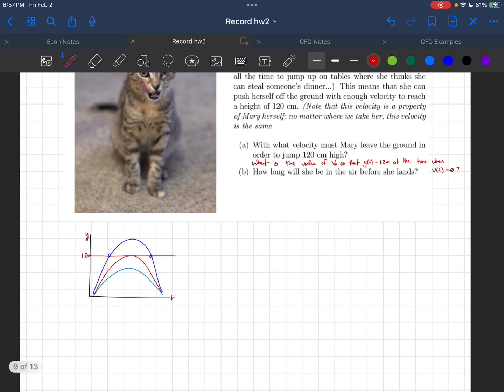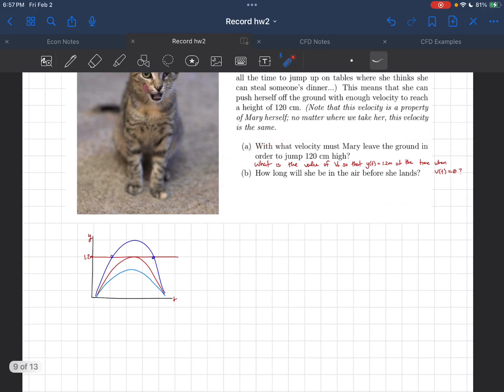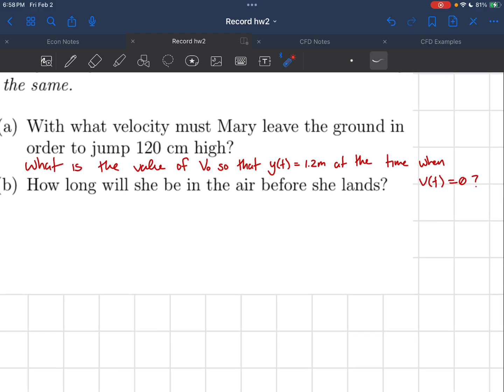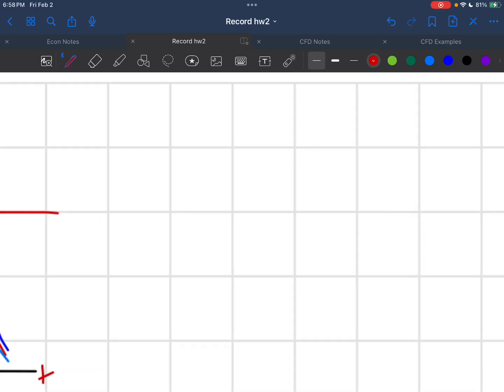So now I have this beautiful question posed. Now I have to actually figure out how to solve it. We could start by saying, okay, the time when v of t equals 0, I find the time that my velocity is 0, and then I plug it back into my position equation. But this is a 1D problem.